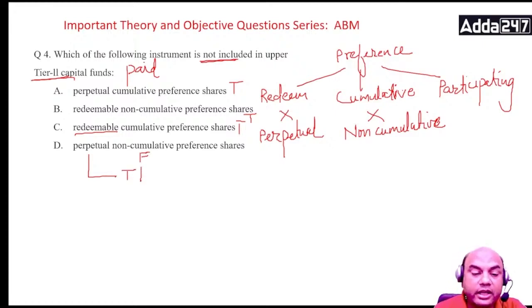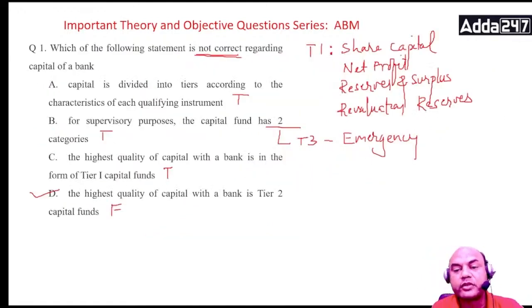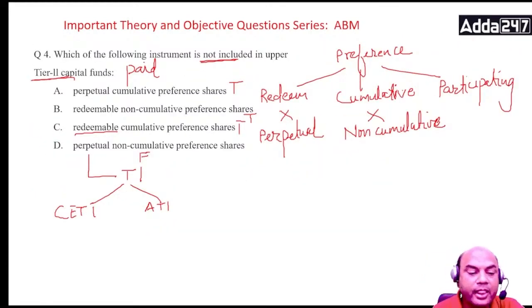Tier 1 means what here? Tier 1 has two parts: CET1 and second is AT1. Just now I gave you this tier 1 capital. So these all are the part of CET1. The additional part for tier 1 is CET1 plus AT1. So this is AT1. AT1 includes two parts. One is PNCP, perpetual non-cumulative preference shares, and IPDI.